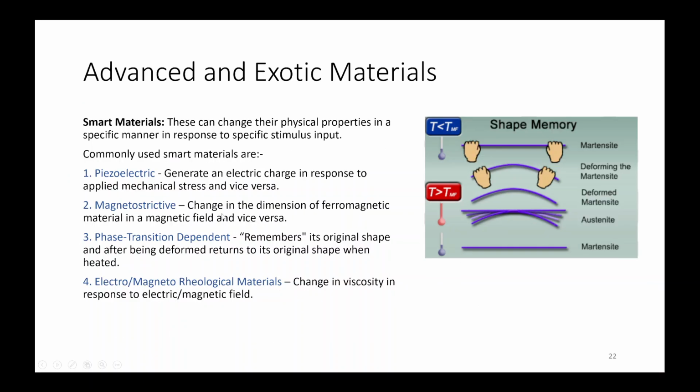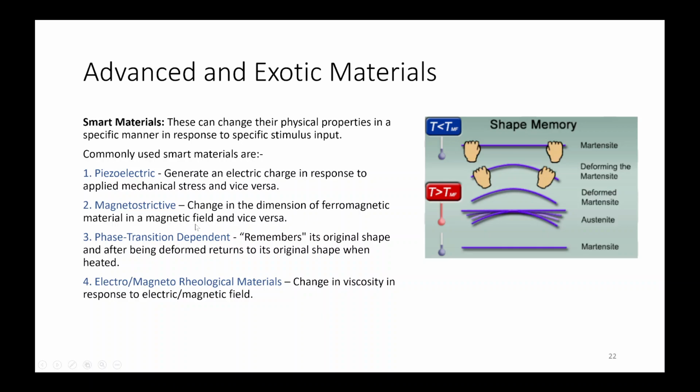Okay, so first is piezoelectric material. In this case, it will generate some electric charge in response to applied mechanical stress, or there can be some mechanical strain developed when there is application of some electric voltage. In case of magnetostrictive materials, they change their dimension of ferromagnetic material in a magnetic field or vice versa.